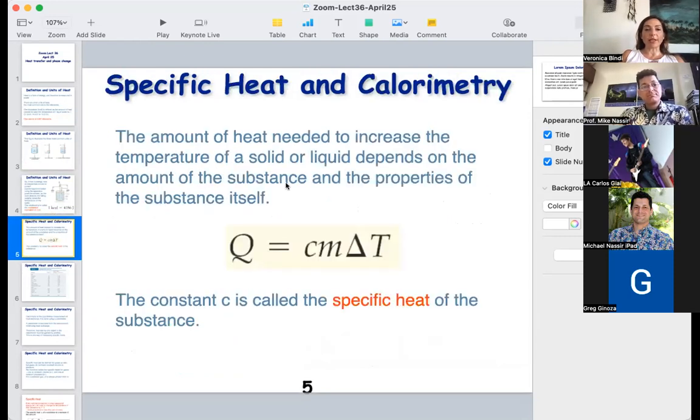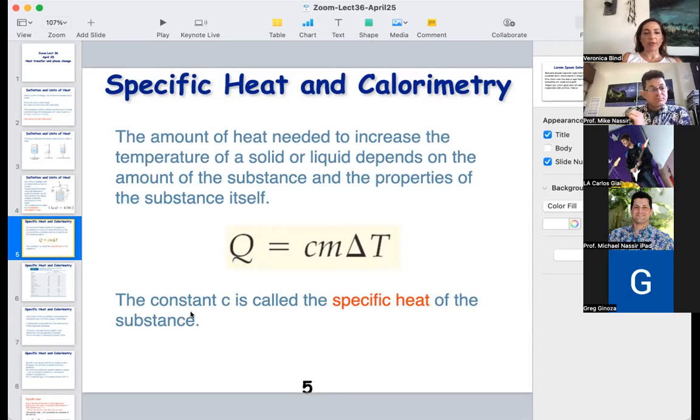So the specific heat instead is the amount of heat needed to increase the temperature of a solid or liquid, and it depends on the amount of the substance and the properties of the substance itself. So it makes a difference depending on the substance.